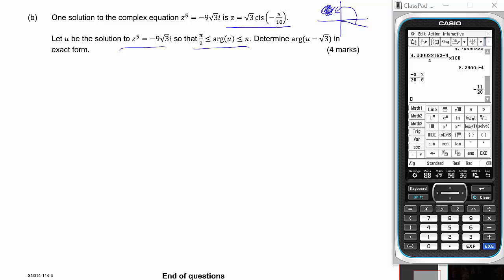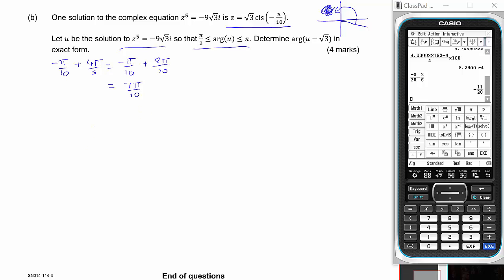So if I add 4 pi by 5 to this, so I've got -pi by 10, add 4 pi by 5, which is -pi by 10 plus 8 pi by 10. That gives us 7 pi by 10.